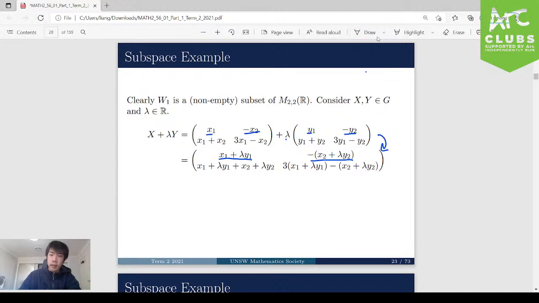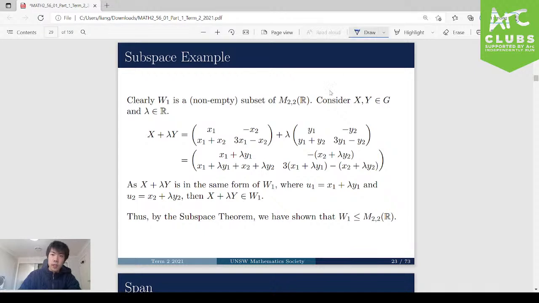And then once you have that, you realize that this matrix here is actually in the same form as what they told you as the definition of W, right? If you recall what that was, just this.